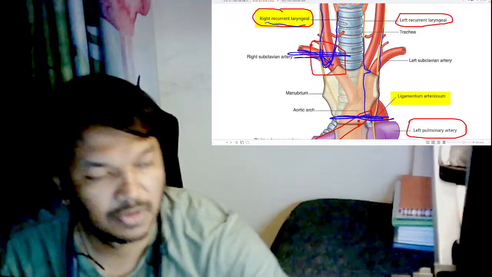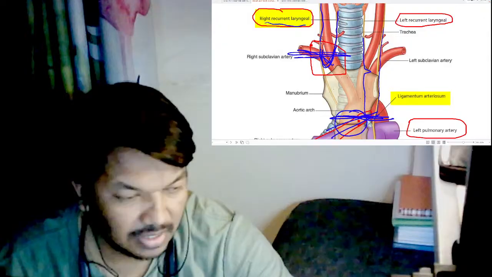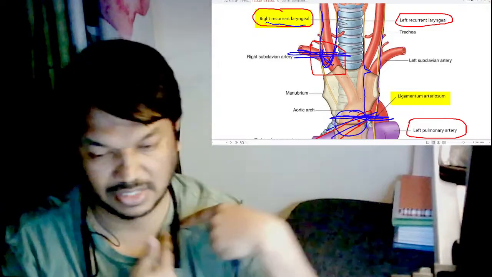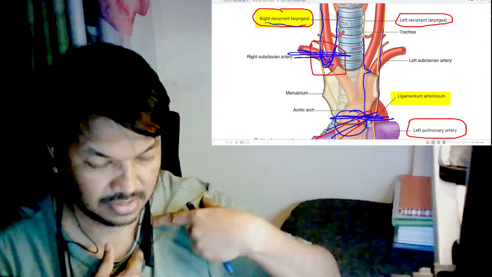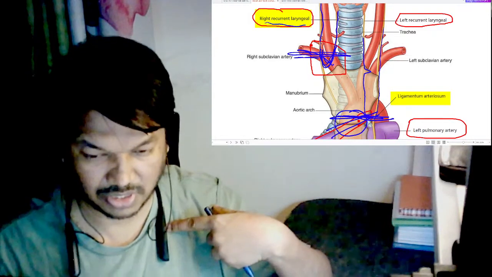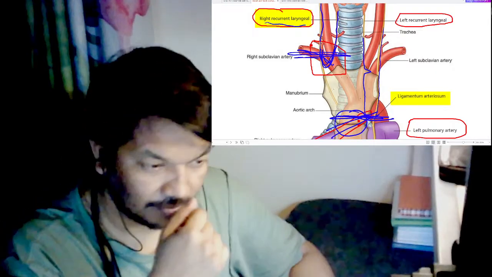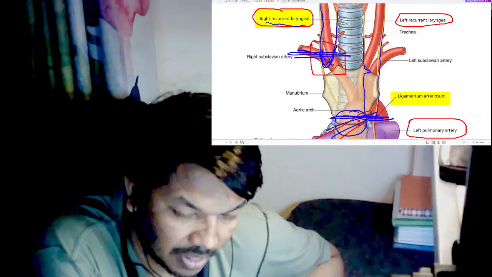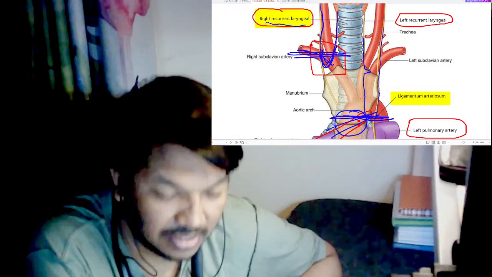If a penetrating injury comes at this level, definitely it will not go to the right side, because the right side it is at the subclavian level. But in the left side it is here, at the manubrium. The other options will say both recurrent laryngeal nerves, or none of them.